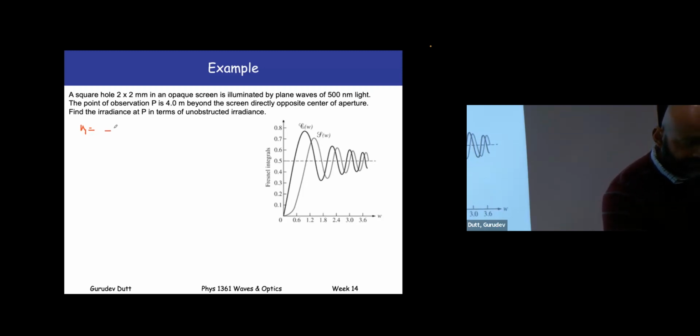So that's minus 1 millimeter times the square root of 2 divided by R naught, 4 meters times 500 nanometers.